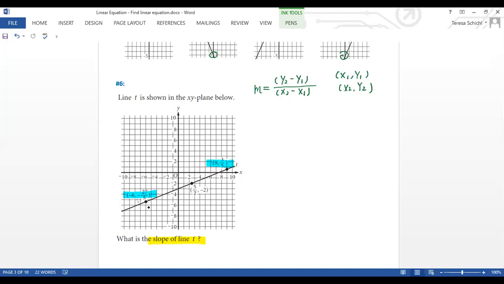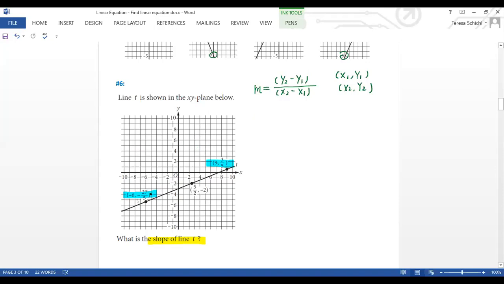So this is kind of the typical type of SAT problem. They try to trick you. If you just jump right in and try to use the formula, you might end up with very complicated fractions, right?